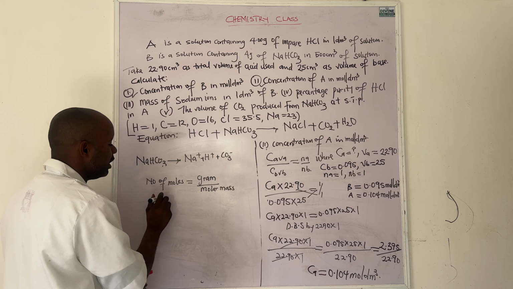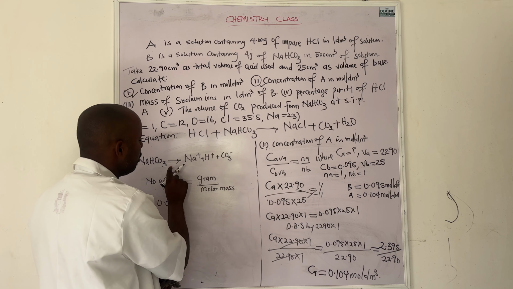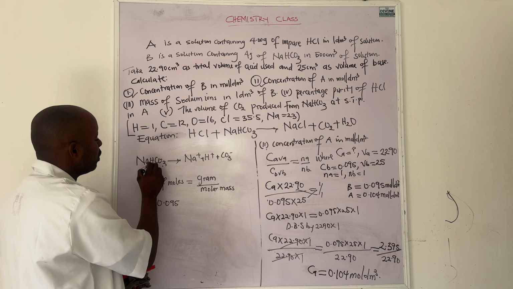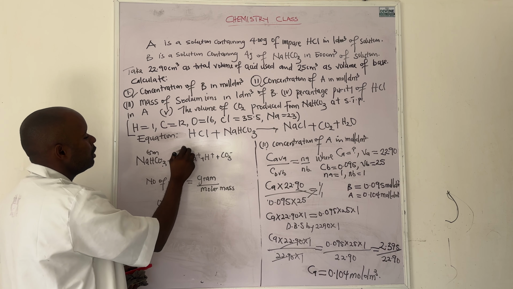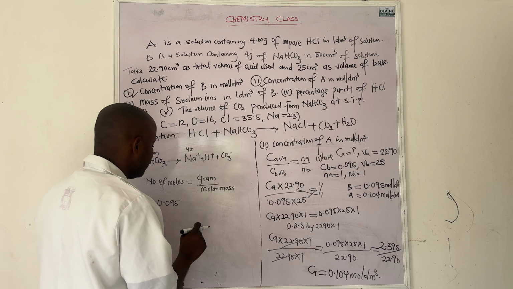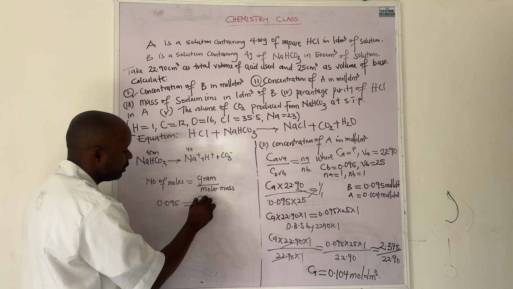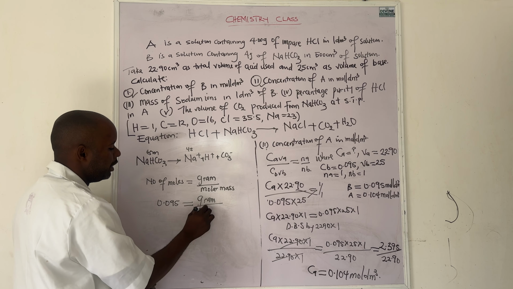So the number of moles here is 0.095, since 1 mole of this gives 1 mole of sodium. So 0.095 equals mass over molar mass. The molar mass of sodium is 23.